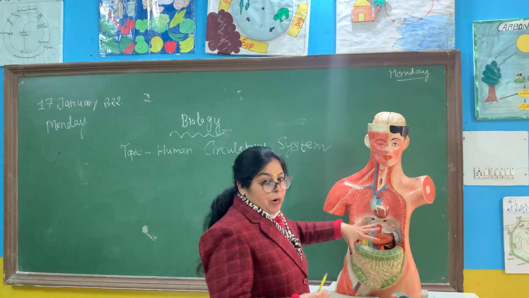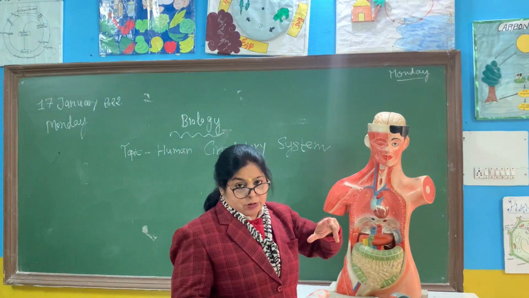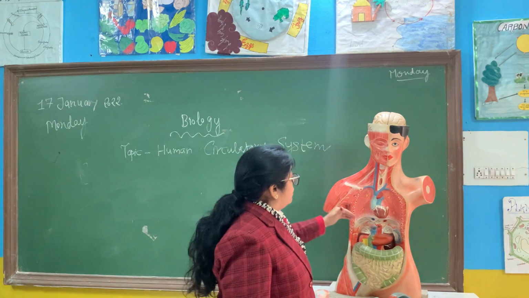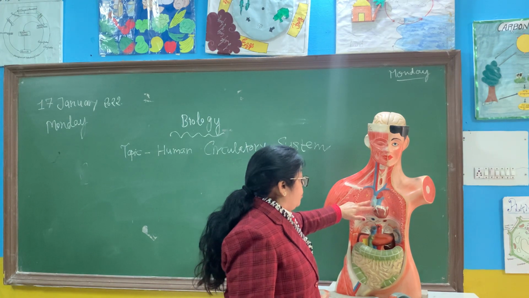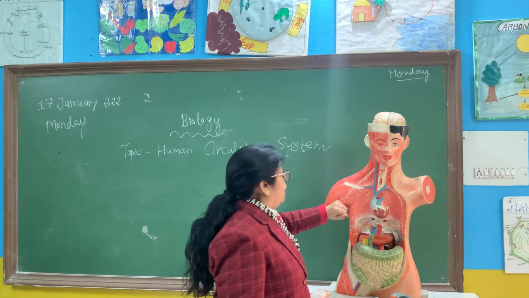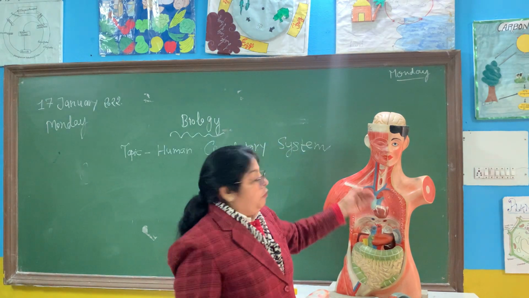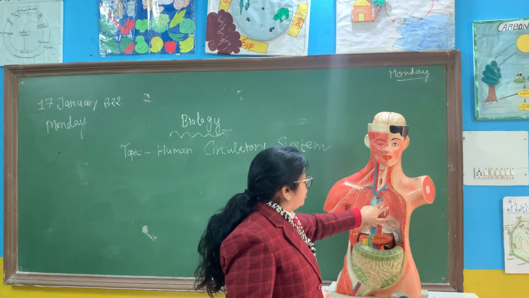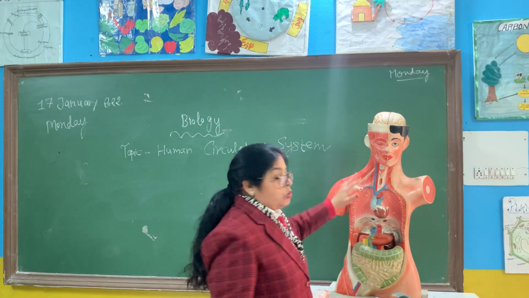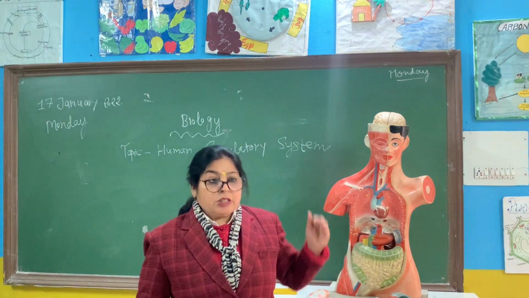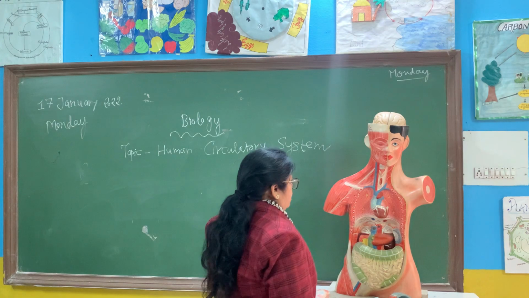From all parts of the body, the blood comes into the heart twice. Once the deoxygenated blood comes into the right atrium, from the right atrium to the right ventricle, and after purification, the oxygenated blood from the lungs comes into the left atrium as well as the left ventricle. This type of circulation is known as the double circulation.